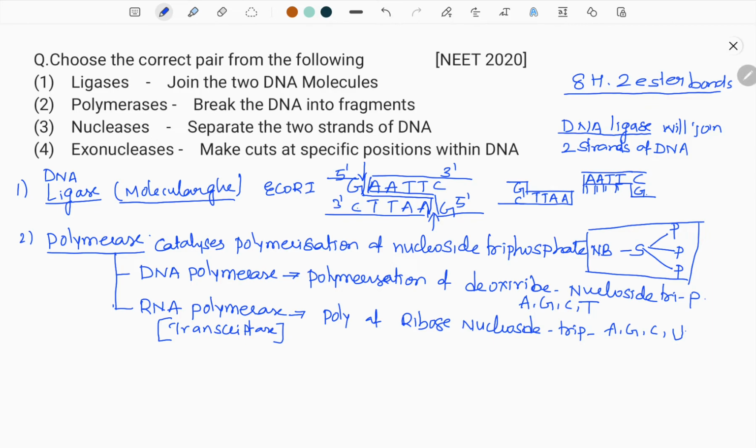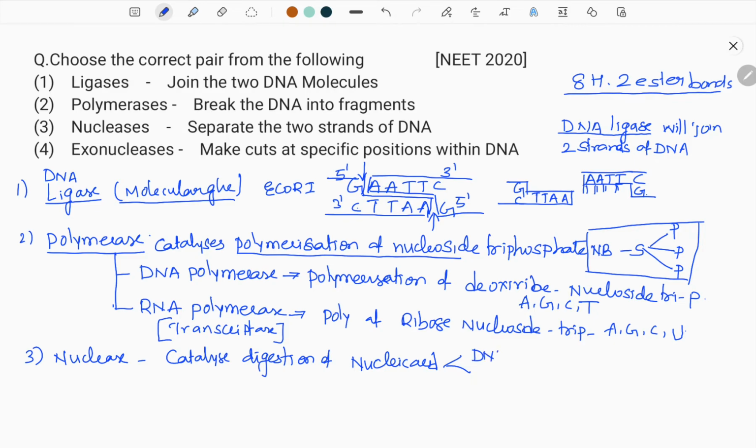So polymerase causes polymerization of the nucleosides, or we can say it causes the formation of DNA and the formation of RNA. Third one, nucleases. Nucleases are the enzymes which catalyze digestion of nucleic acids, namely DNA and RNA.